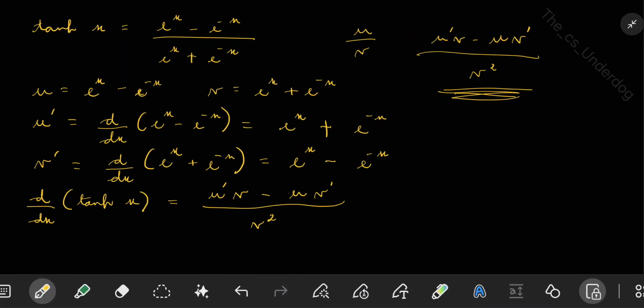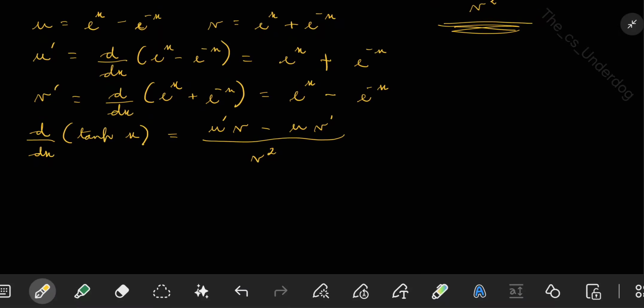So this is equal to, what is u dash? U dash is e power x plus e power minus x plus e power minus x. Next term is v, which is again e power x plus e power minus x.